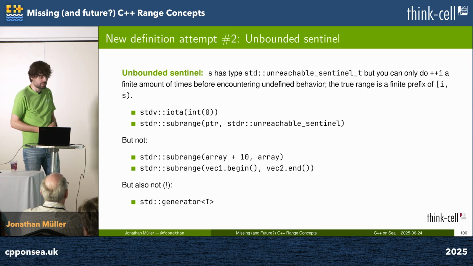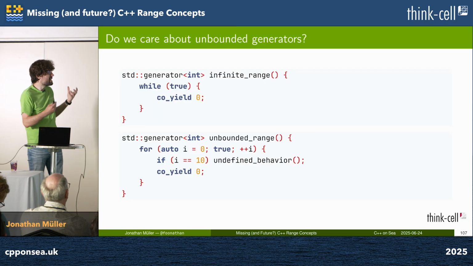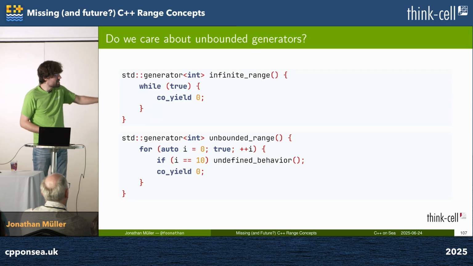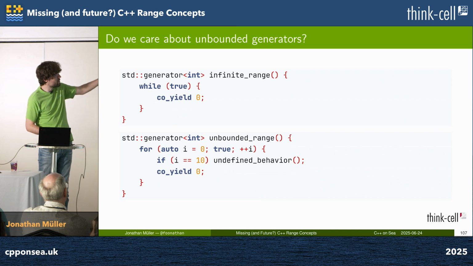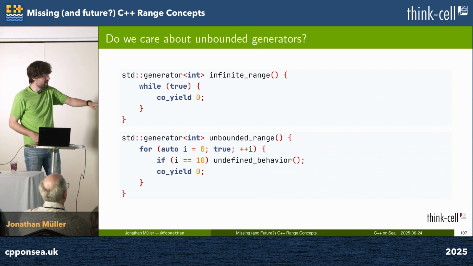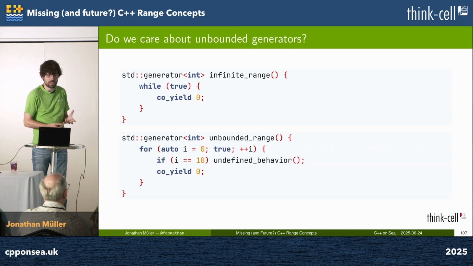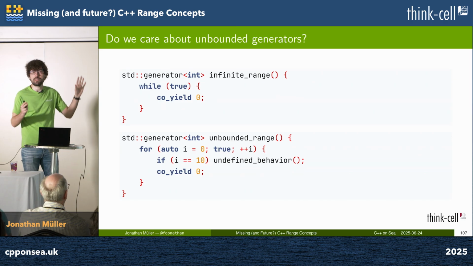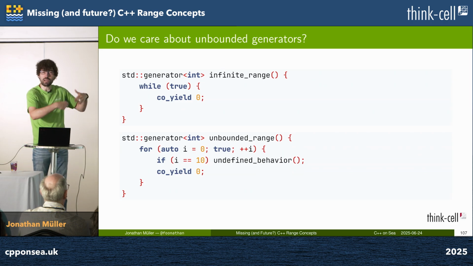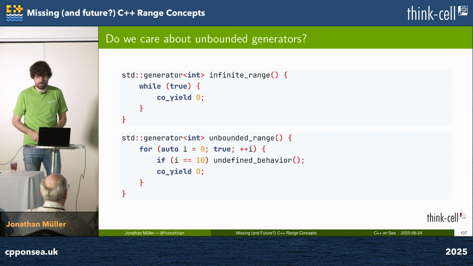It just has some other type. But do we really care about generators? Is there a difference for the ranges machinery between the infinite range and the unbounded range that has undefined behavior after 10 iterations? Or is it merely an implementation detail of the generator, and the range algorithms don't need to care? I don't have answers in this space. This is just me talking out loud about trying to fix this problem.